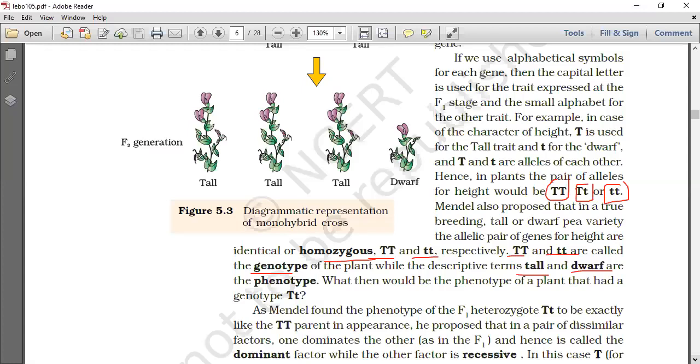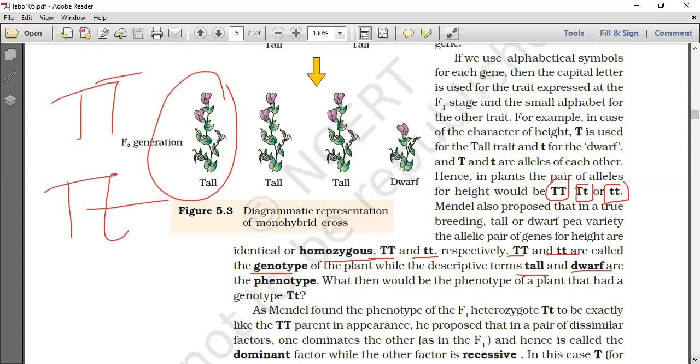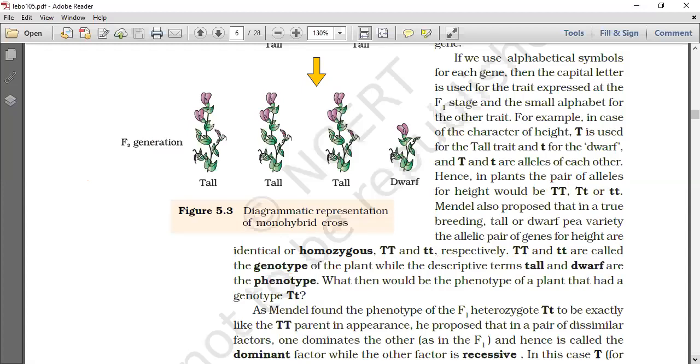If you see this, it is tall. That is the description we give, whether the genotype is either homozygous tall or heterozygous tall. Then what would be the phenotype of a plant that has genotype capital T, small t? That will be tall.